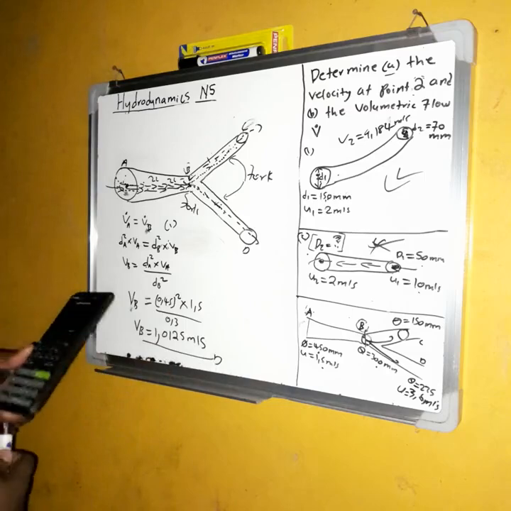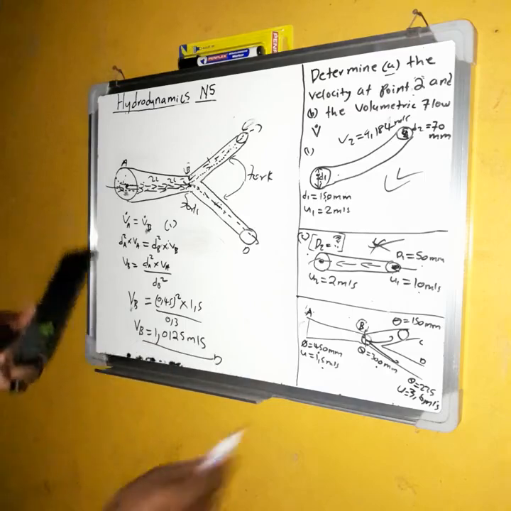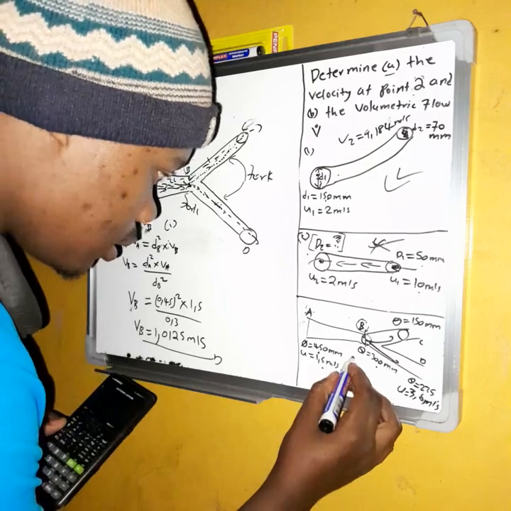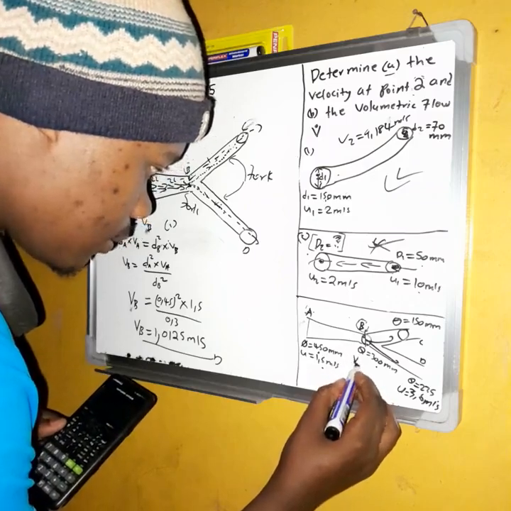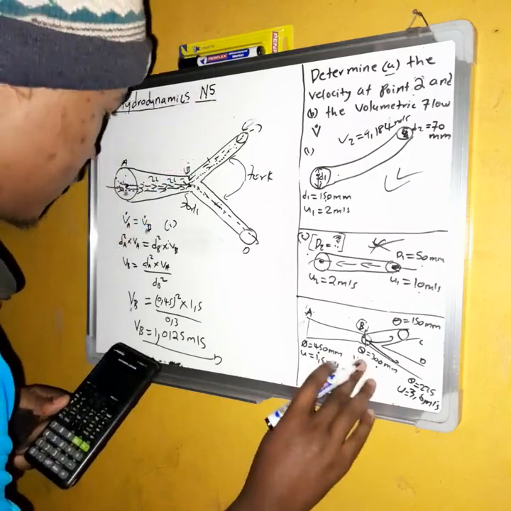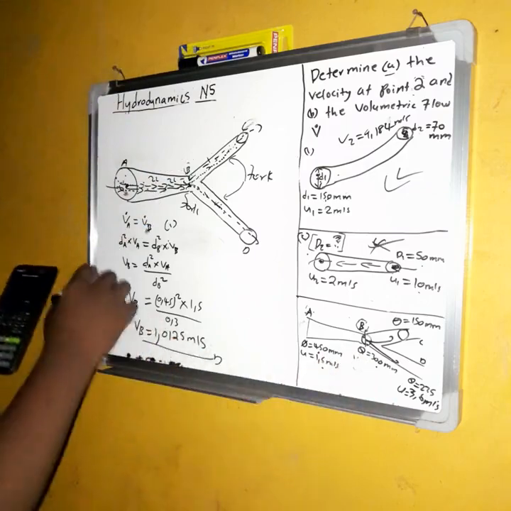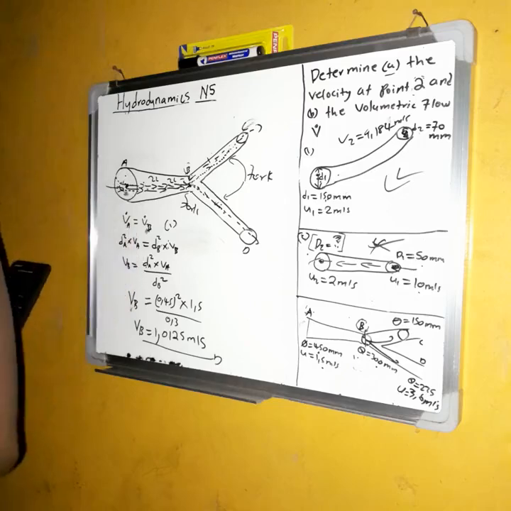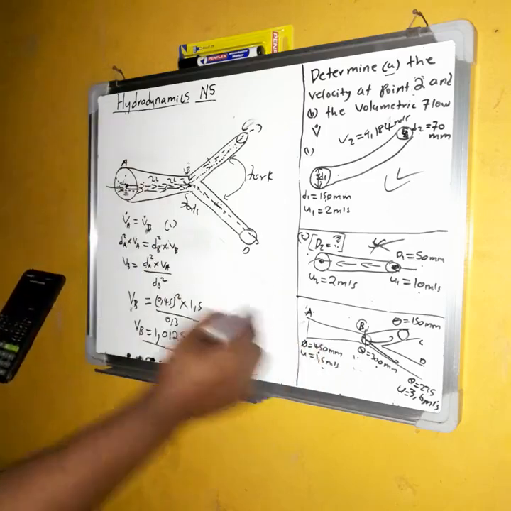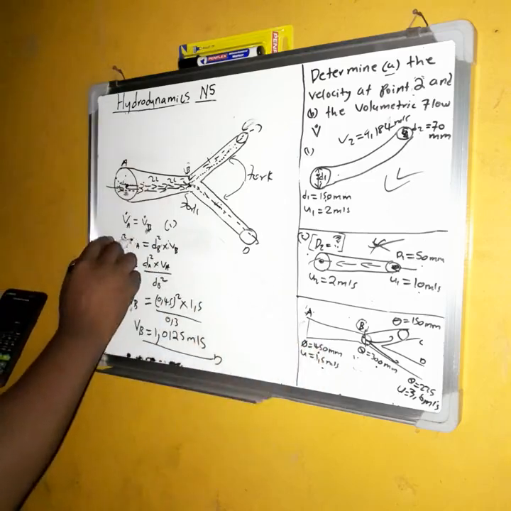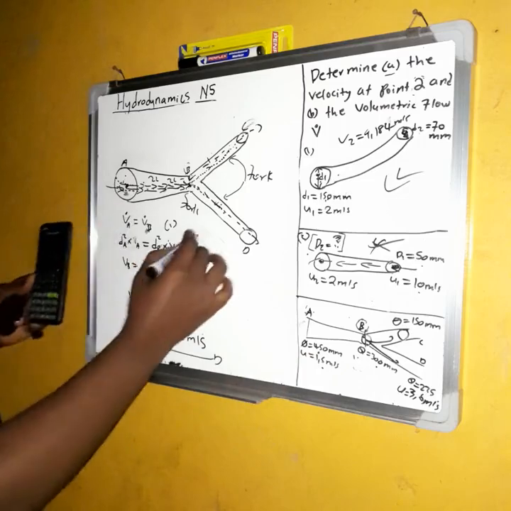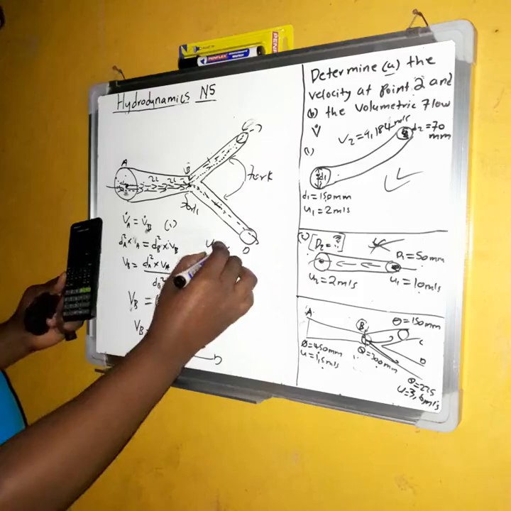You see? So I have the velocity now at B. Remember, this is U. It's up to you whether you use U. I said U is the same as velocity.